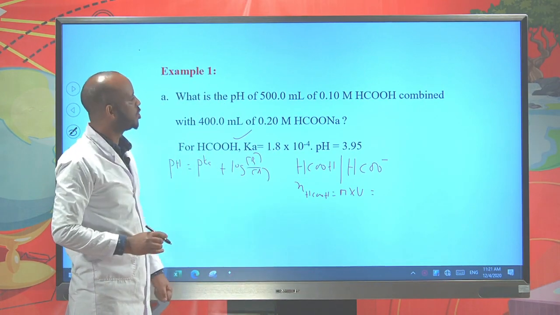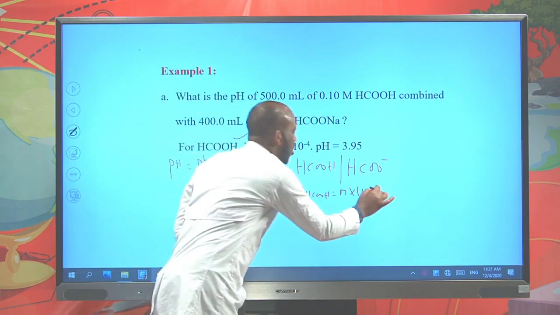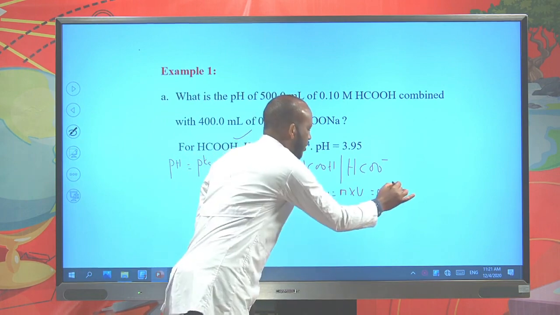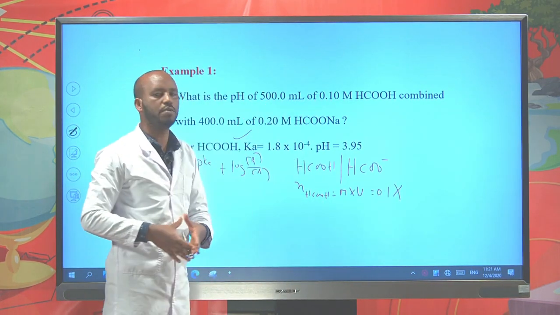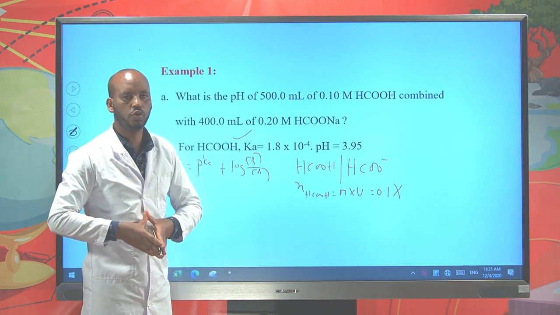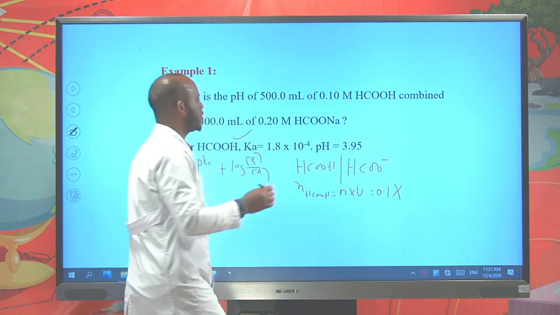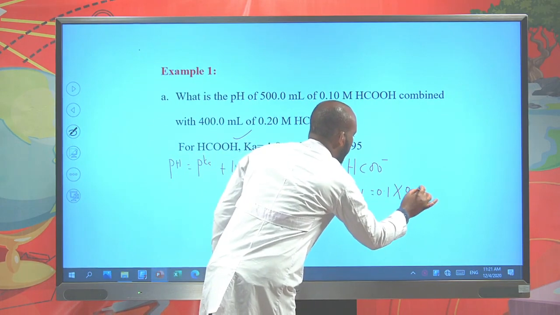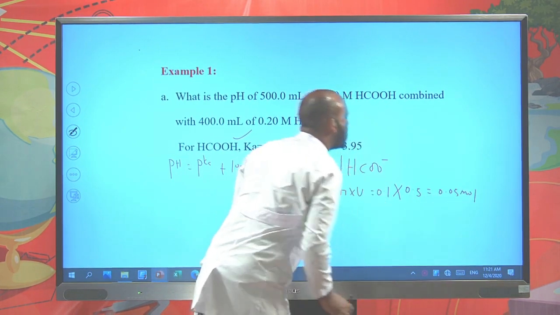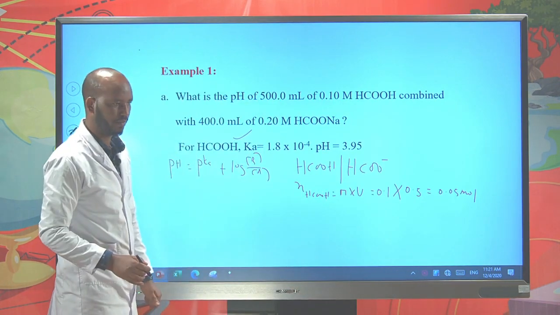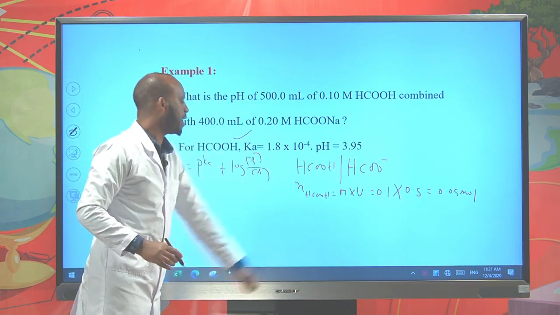Molarity of formic acid is 0.1 mole per liter times volume of formic acid, 500 milliliters. You have to convert it into liters, which is 0.5 liter. 0.1 times 0.5 equals 0.05 mole. This is the amount of formic acid.